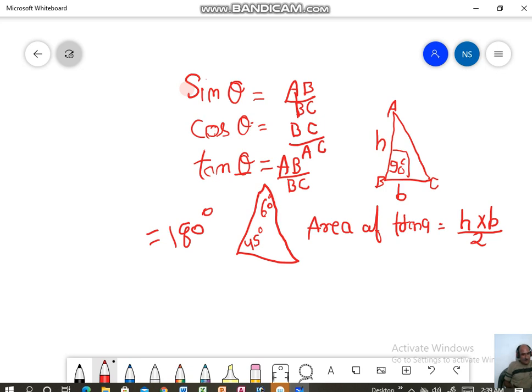And if you want to see it the other way, that will be the opposite, like cot theta, sec theta and cosec theta.